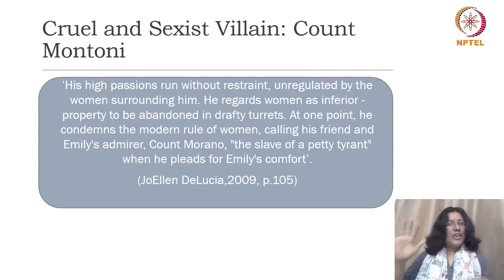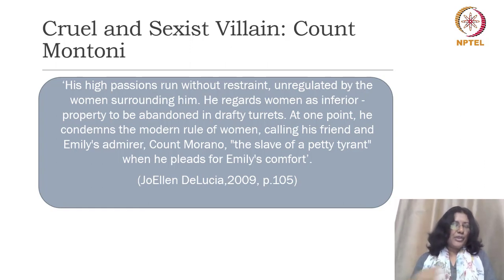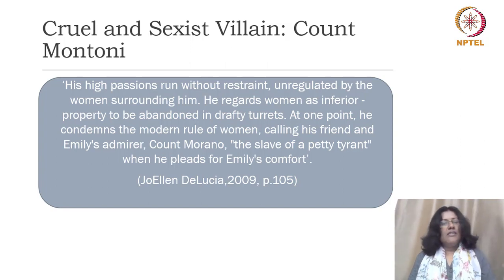So you can see that Emily's aunt resists all these physical punishments. She refuses to give up the property to her husband. In fact, she transfers the property to Emily, her ward, and she refuses to give in to the pressures of Count Montoni. So Count Montoni's passions have no restraint.